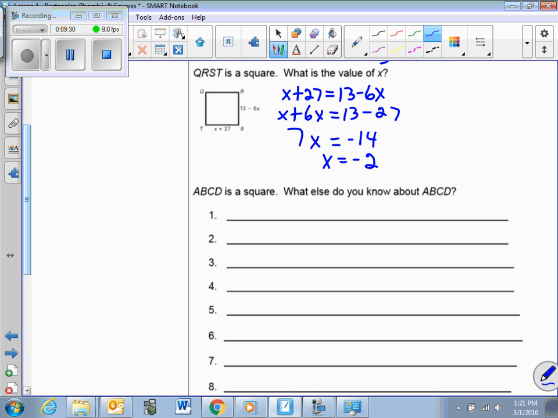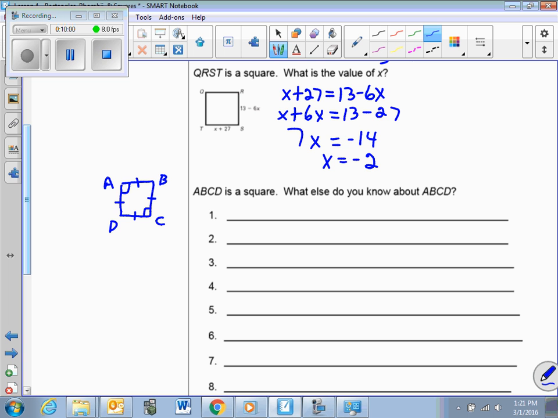Okay, we're going to make a list of things we know here. If I got square ABCD, I know it's a square. All the angles are right. What else do we know about ABCD? We also know that it's a rectangle and a rhombus. Let's start with a rhombus.